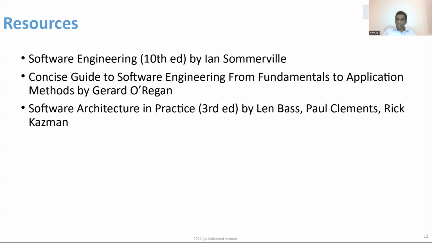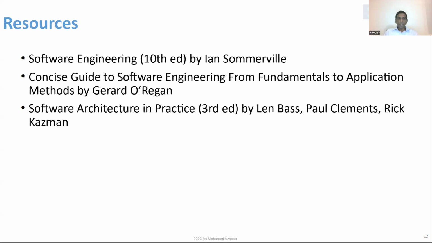So the first book is fantastic. It's the Bible when it comes to software engineering. It has a very good section on quality assurance. The next one is a concise guide, a summary of lots of different things. Again, it has a very good section on software quality assurance. The name of the book is Concise Guide to Software Engineering: From Fundamentals to Application. They spend a lot of time explaining the fundamentals.